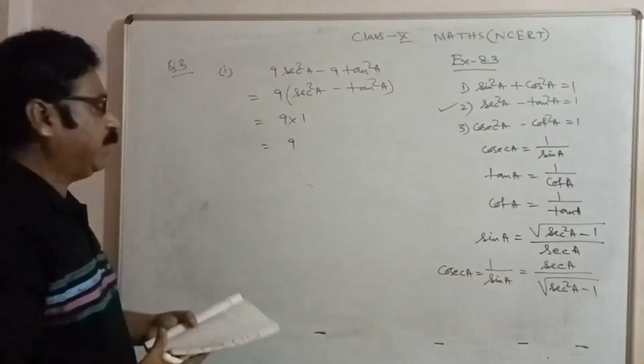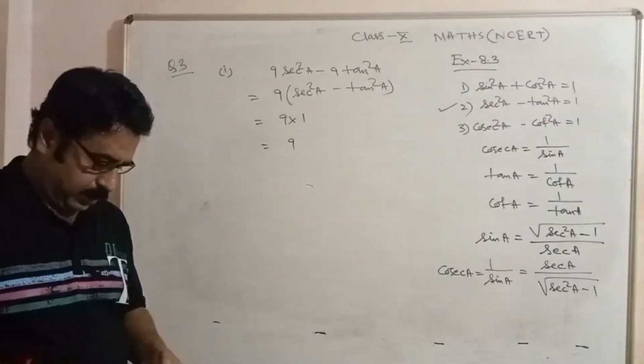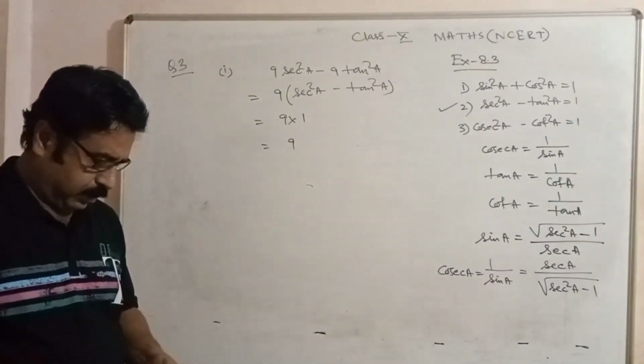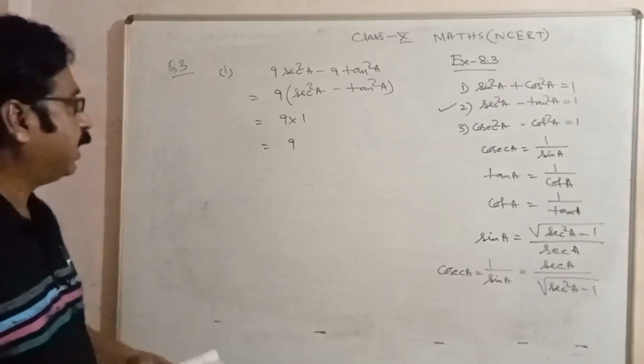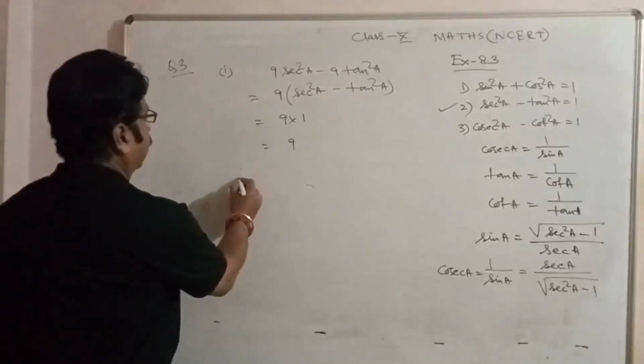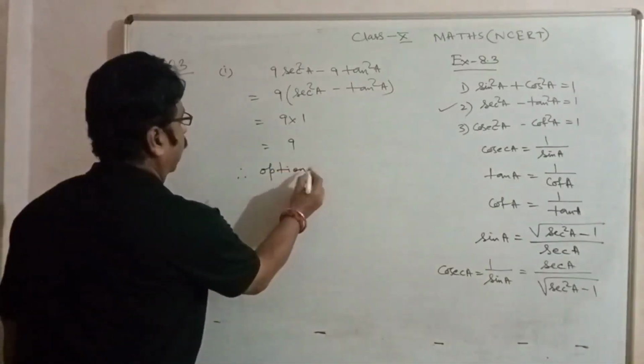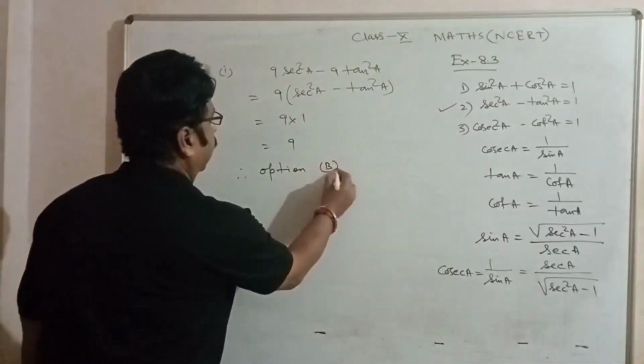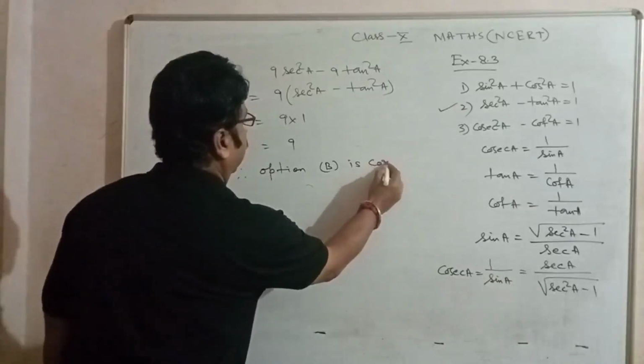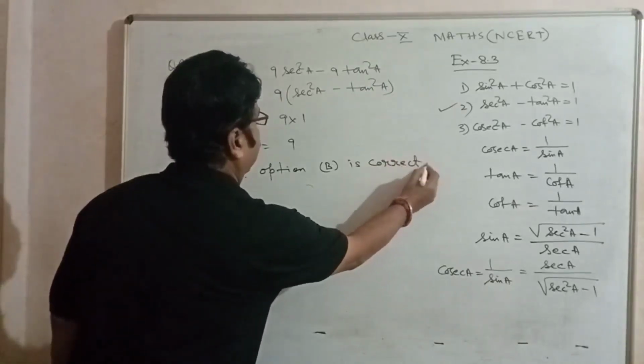So it is 9. Option B, it is given 9. Therefore, option B is correct.